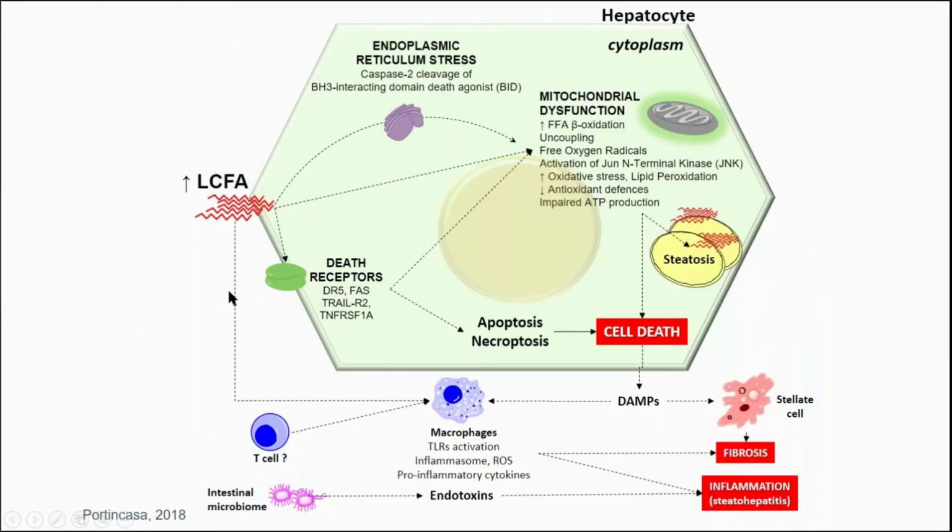Not only that, but fatty acids would activate death receptors, apoptosis and necroptosis, and cell death, which together with some protein aggregates would stimulate macrophages, activating the inflammasome, and more reactive oxygen species and pro-inflammatory cytokines.